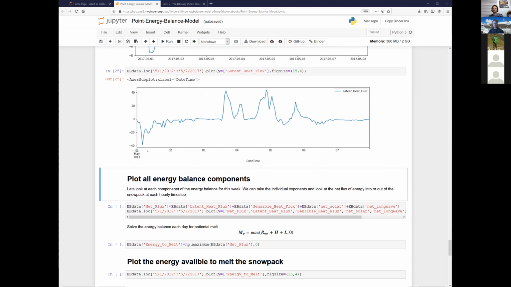So if the energy is leaving it, we have basically sublimation occurring, where we have energy that was in the snowpack that is now in the atmosphere. So that solid or liquid water that's in the top of the snowpack has gone to a higher energy state in the atmosphere, and we have negative latent heat flux.